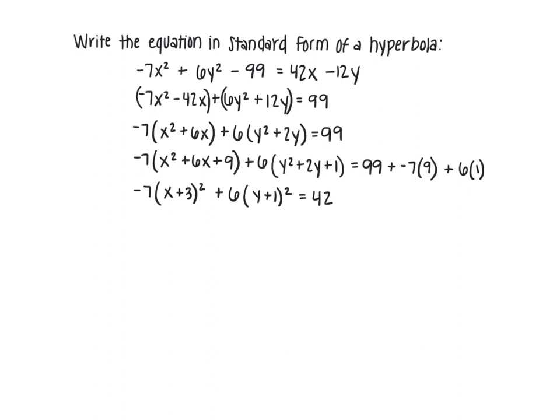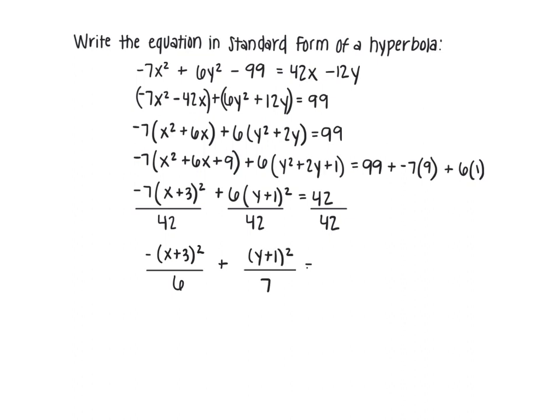Then I'm going to finish this off by dividing the entire equation by 42 because we want the right-hand side to equal 1. As I simplify everything, I end up with -x plus 3 squared all over 6 plus y plus 1 squared all over 7, and this is going to equal 1.